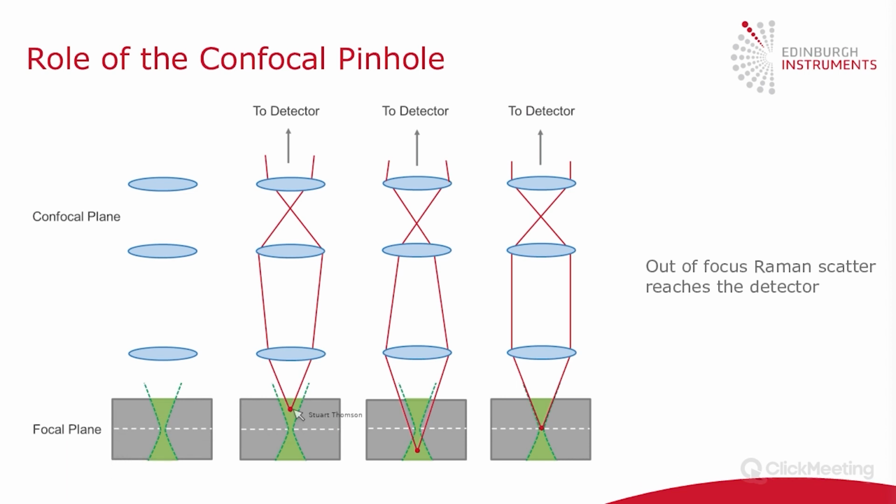If you've got Raman scatter originating above the focal plane, the focal plane being marked here with the dashed white line, this is collected by the objective and is focused and reaches the detector. The Raman scatter from below the focal plane also reaches the detector, as does that from the focal plane. So you collect from the entire excitation volume and you can get no depth information.